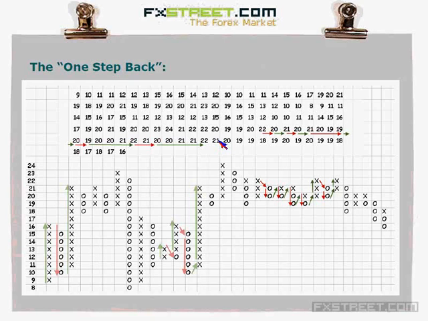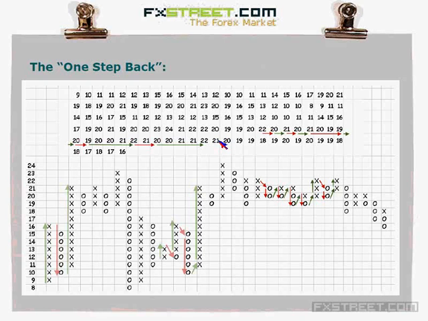Okay, then from the previous version, there was an improvement made where the descending columns were changed for O's instead of X. Okay, so already can see the first column going up, second column going down, and so on and so on. And if you notice, we have here what is called the one step back, which is there are some columns, as you see, where an O and an X can be in the same column.